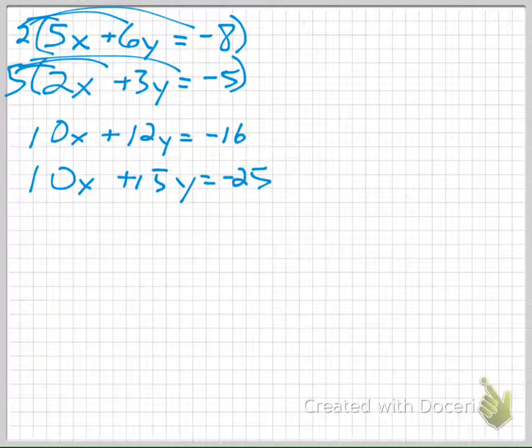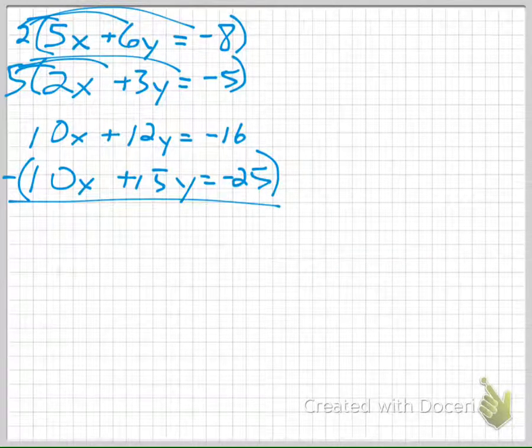That gives me my 10x's here, and I could subtract them, rainbow, like this, and it would still work. I've just eliminated the x's here. Does that make sense? Which one would you rather do? You'd rather eliminate the y's because there's only one step that needs to be done. Agreed? Makes sense?